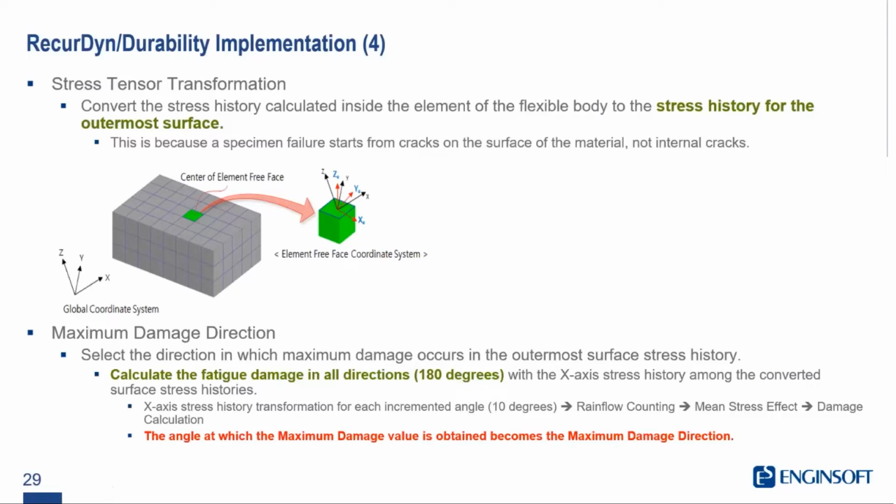If we think about this little node here, it doesn't know which direction the principal stresses are, so it has to basically check all of them. It does a sweep over 180 degrees to see, okay, this vector is where my peak damage is coming from based on the stress time history.